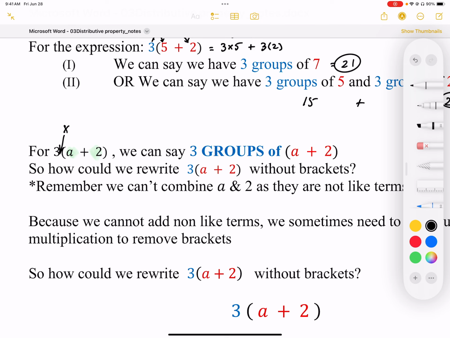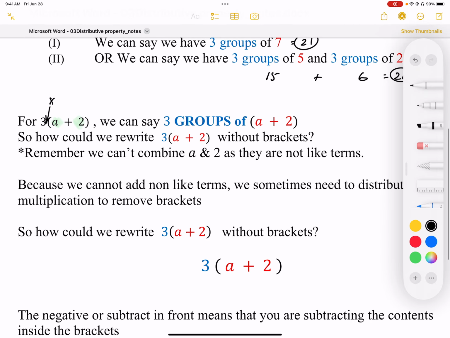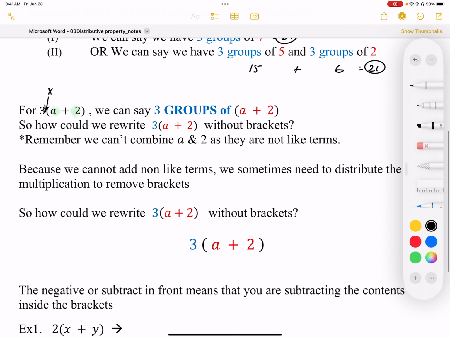So how can we write this 3 bracket a plus 2 without the brackets? Well, we need to count what's inside the brackets properly. So to do this, we're going to use something called distribution to remove the brackets. So we're going to apply the grouping of 3, or times 3 groups of a, and we use this distribution.